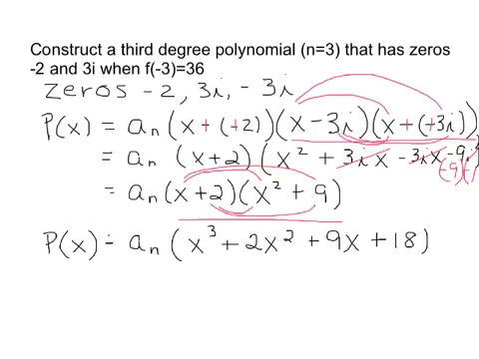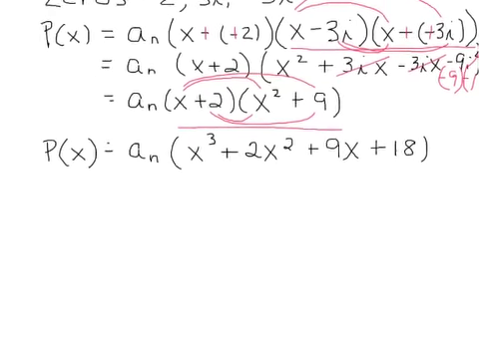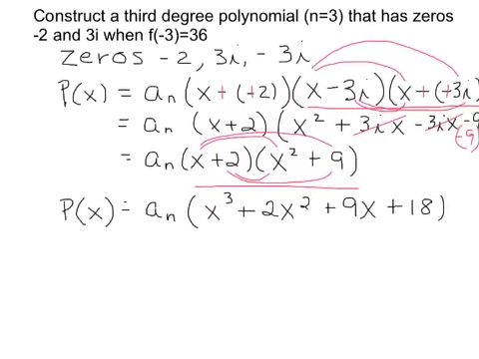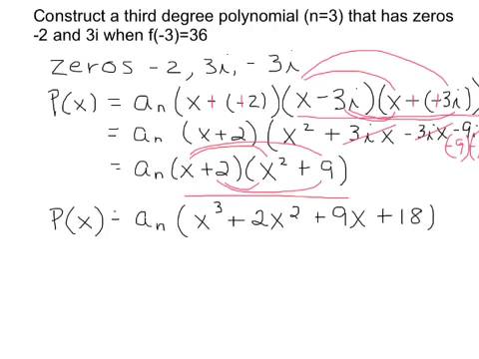So the second part now is to find a sub n. Actually, we're going to need to use that piece of information, back here: f of -3 is 36. So we're going to do the polynomial function at -3, and I'm just using p for polynomial, it was given as an f, is equal to a sub n.